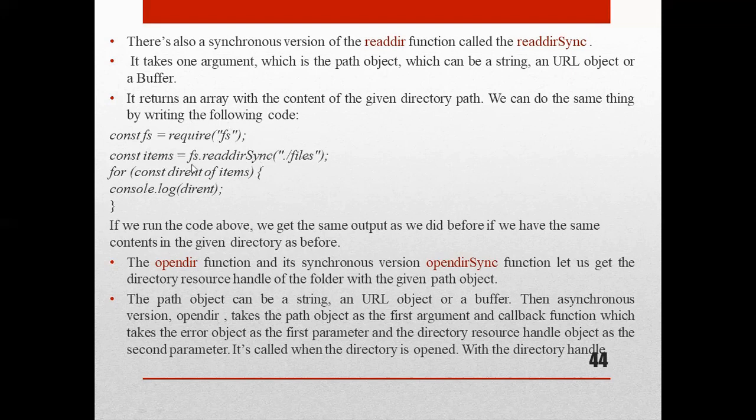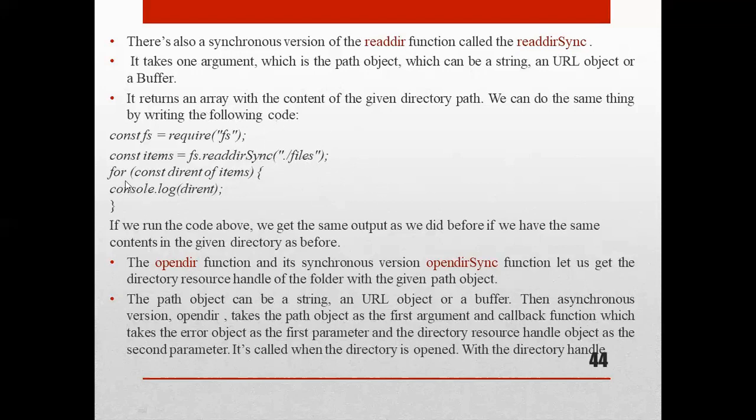Okay, so fs.readdirSync, in brackets the path, it has only one argument, that is the path object. Path means the path of that folder here. Okay, so after that what we have to do here, it will return the array with the content.